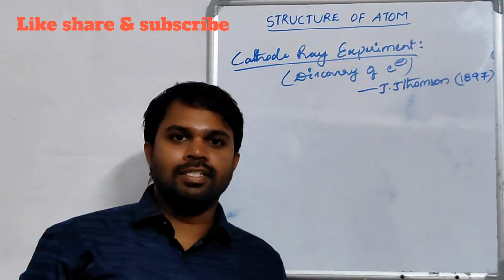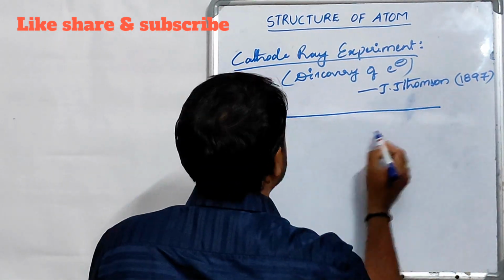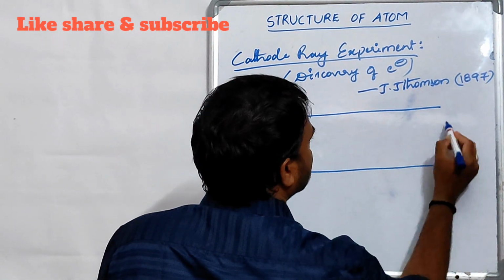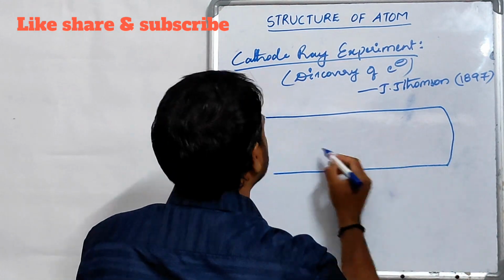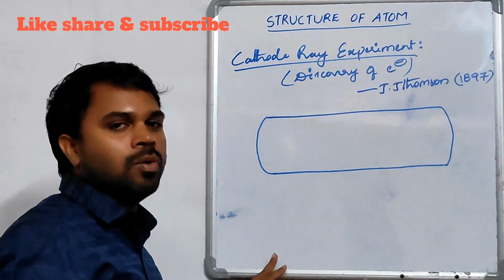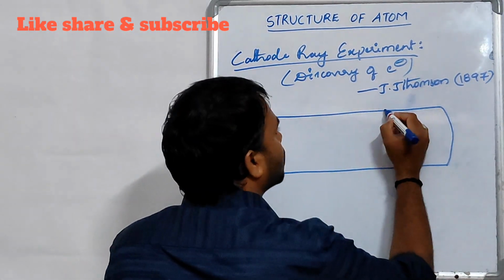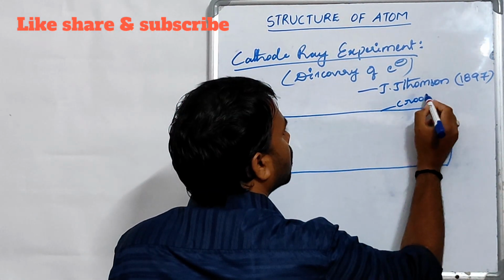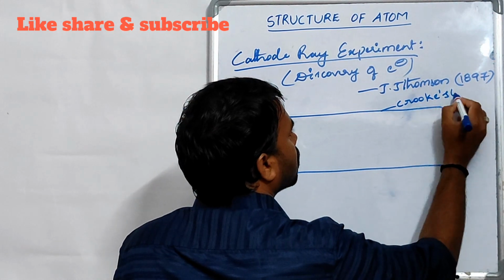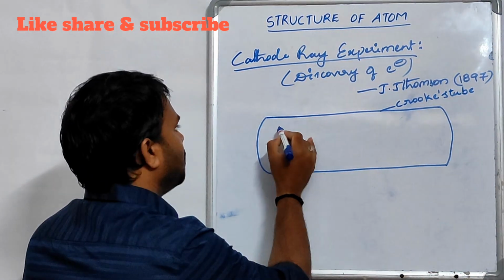First, he took a discharge tube made of glass. This tube was discovered by Sir William Crookes, so we call it the Crookes tube. This tube contains two metal strips.